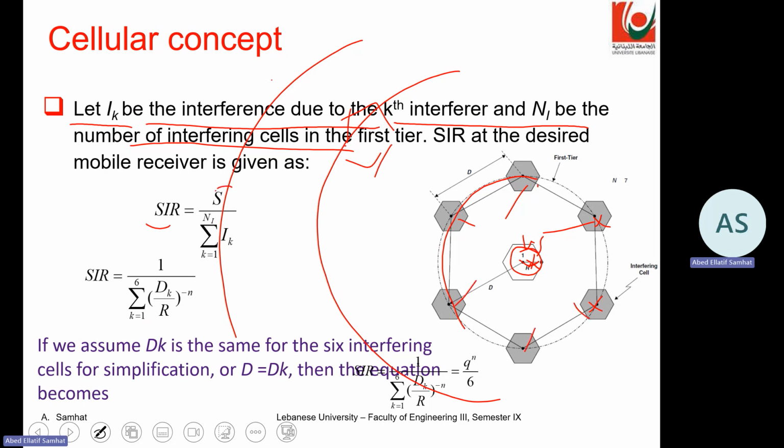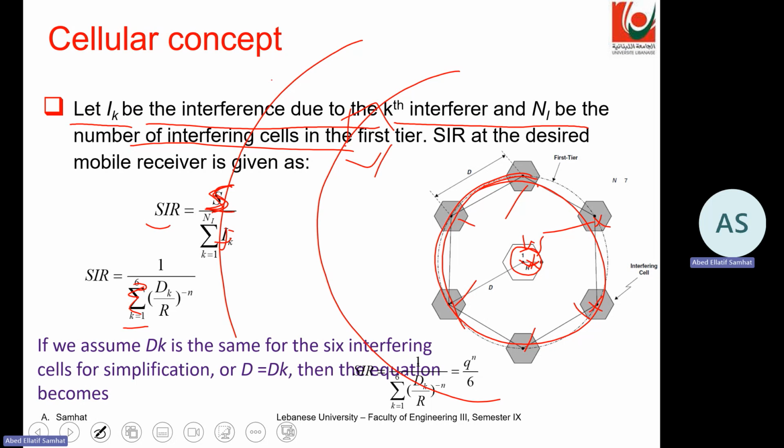So we have the useful signal, which is S, over the interference coming from all other cells. If we want to take only the first ring, we have the summation from k equals 1 to 6 of the interference coming from the neighboring cells.